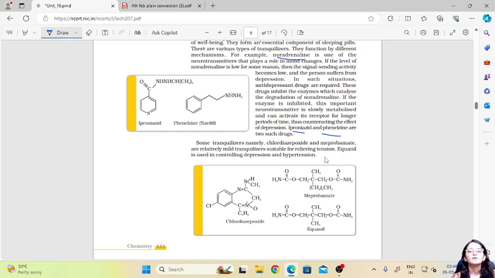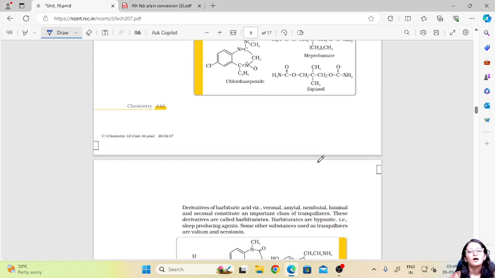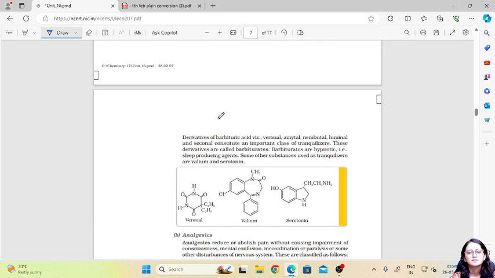Then some tranquilizers, namely chlordiazepoxide and meprobamate, are mild tranquilizers suitable for relieving tension, and equanil is used in controlling depression and hypertension. The names of these drugs are very important as they ask for a 1 mark question from this. Actually only 2-3 marks will be there for this chapter, but the names are very important.